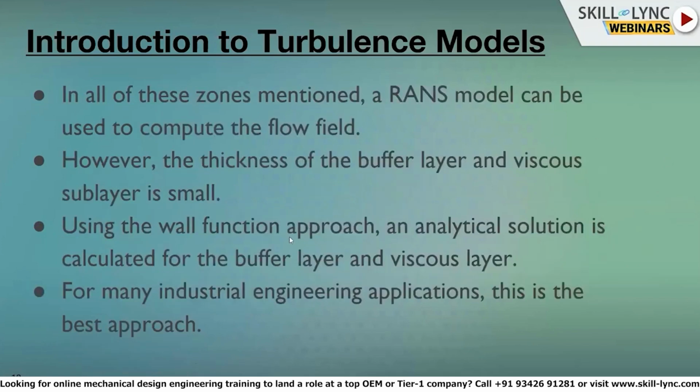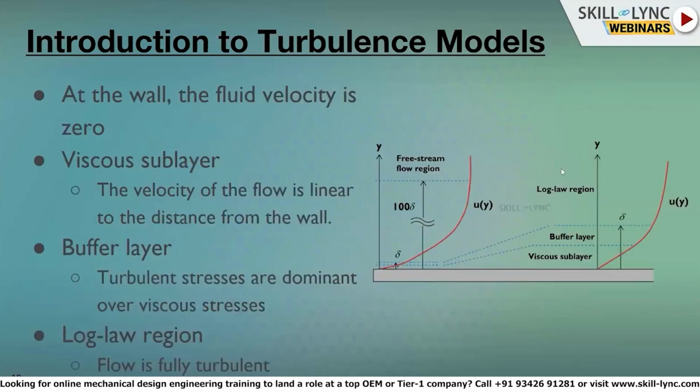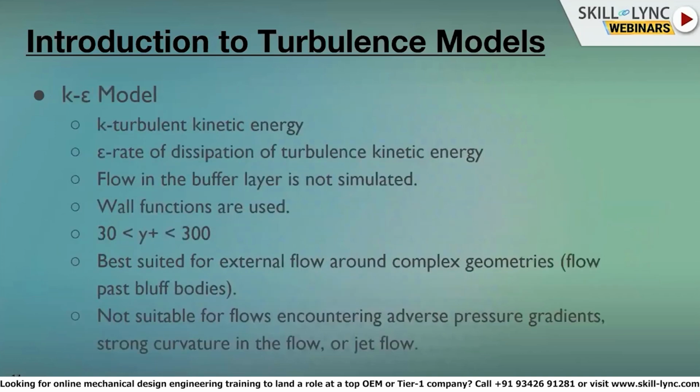A wall function is an empirical approach wherein it obeys the physics near the wall, so that we can calculate the flow parameters over that region, and we just need the computational mesh to capture the log law region. That is the whole objective of the RANS approach. Now we will come individually to each and every turbulence model and its applications, then we will see some other aspects of turbulence modeling like Y plus.